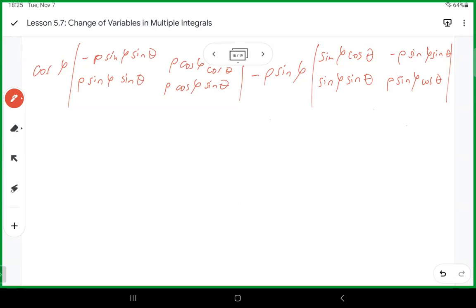This is the second to the last problem. So then that gets us minus.